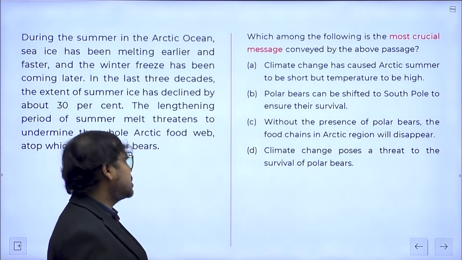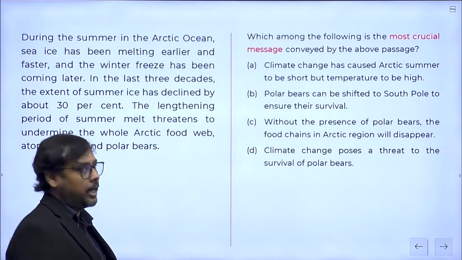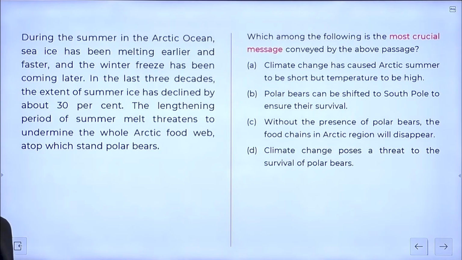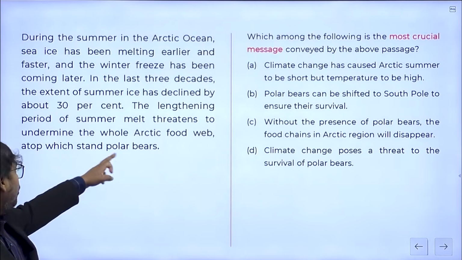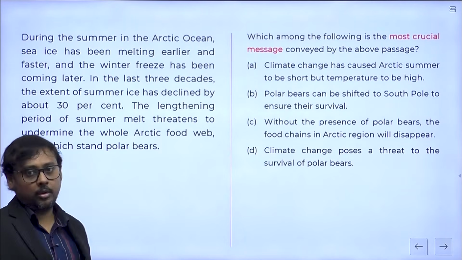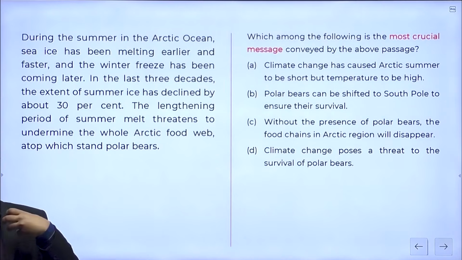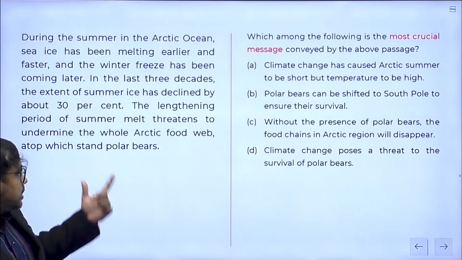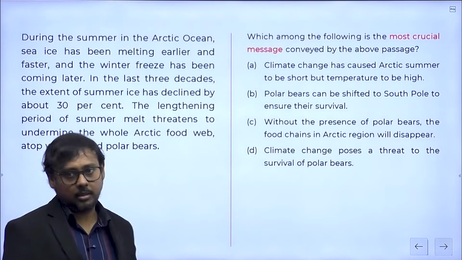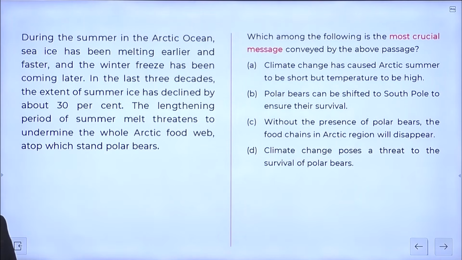Option: climate change has caused the Arctic summer to be short but the temperature to be high. So the passage says the summer melt threatens to undermine the whole Arctic food web, atop which stand polar bears. This is the message being communicated, not just that there is a rise in temperature and the Arctic summer is falling short.